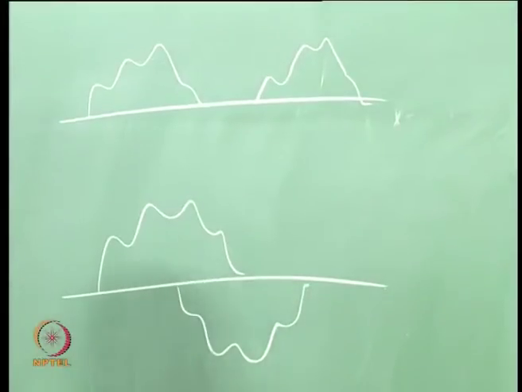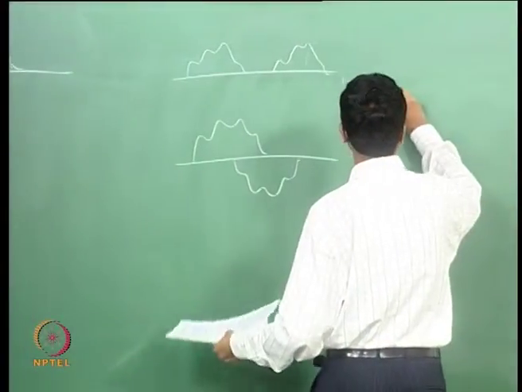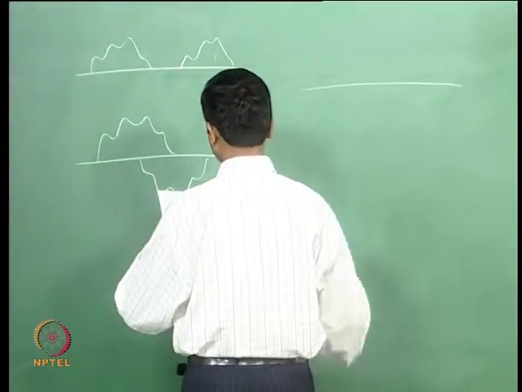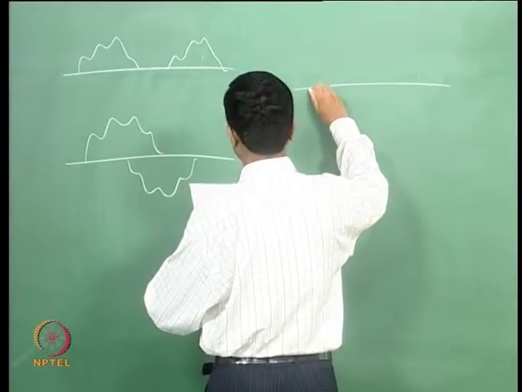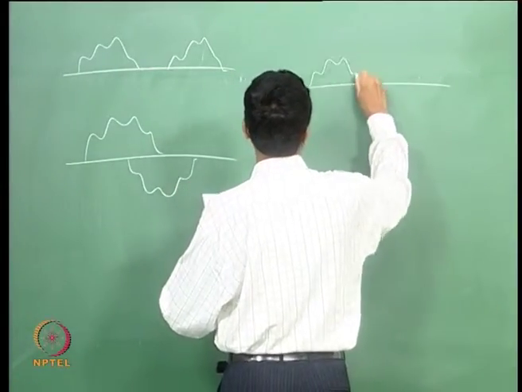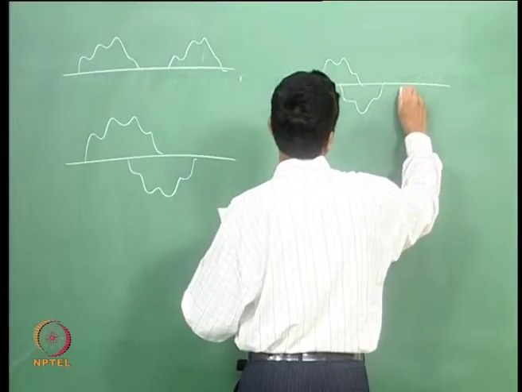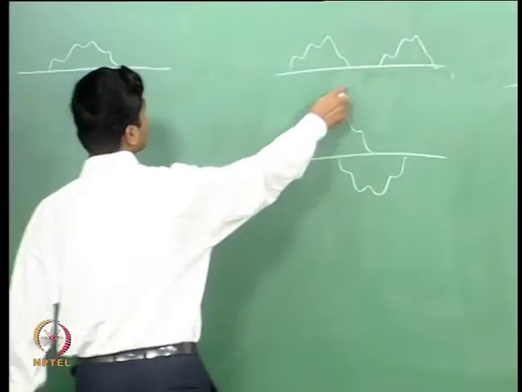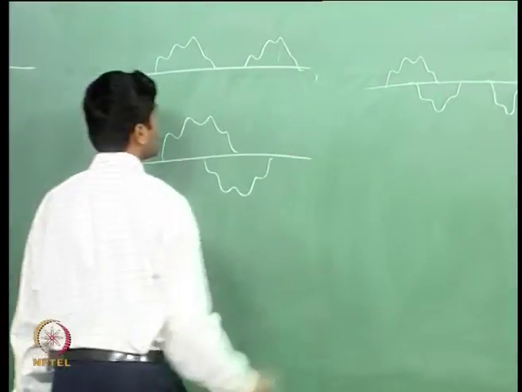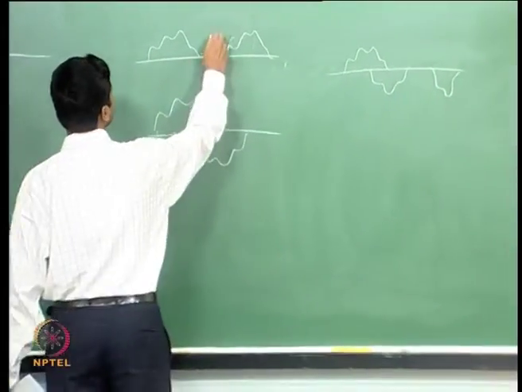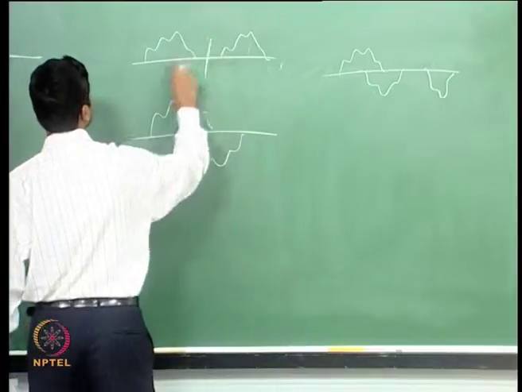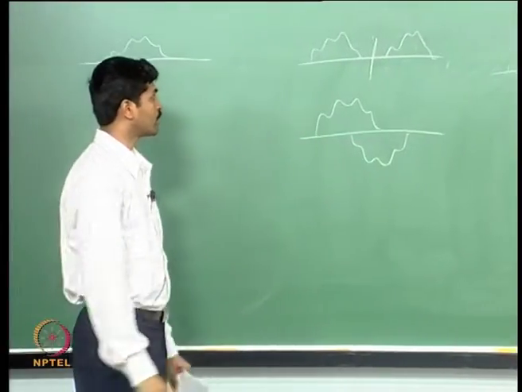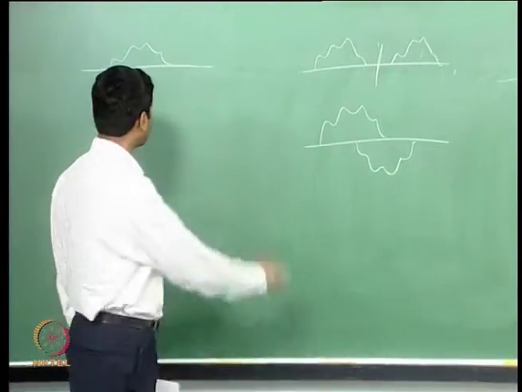At three loop level, you will have diagrams like this, and so on. However, if you look at this diagram or this diagram and you cut here, then the diagram is divided into two separate pieces, two one loop diagrams.